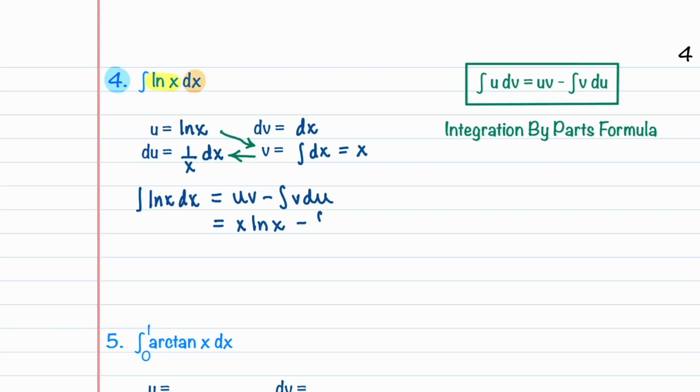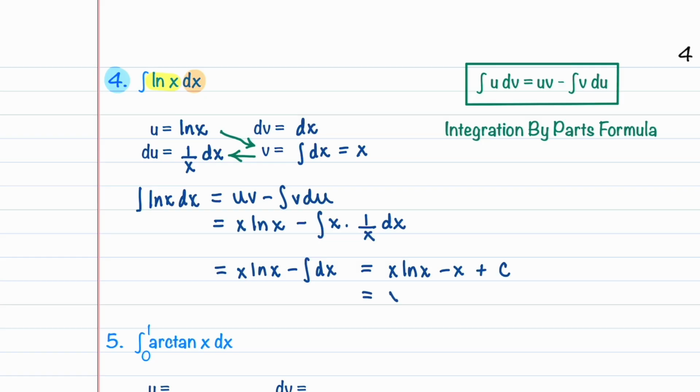So we have minus the integral v, which is x, and then du is 1 over x dx. So this is x ln x minus the integral dx, and this is just equal to x ln x minus x plus our arbitrary constant. And then at the very end, we can pull out an x, and we have x times ln x minus 1 plus c. And there's our answer.